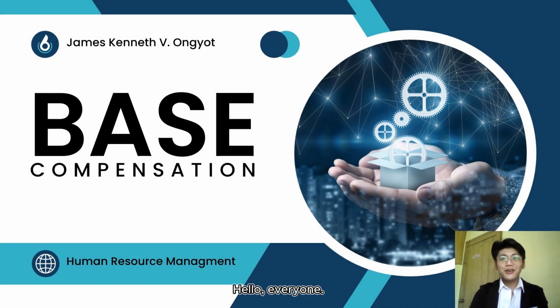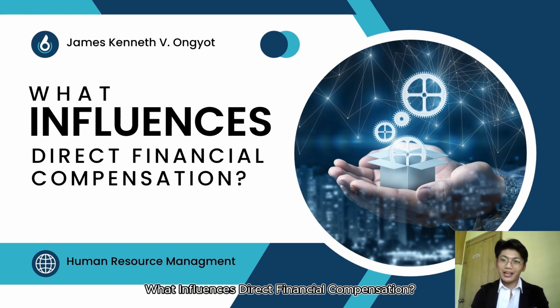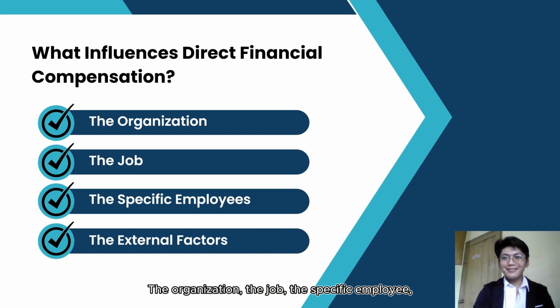Hello everyone. Well, on this part of the report, we will be talking about what influences direct financial compensation. We can say that direct financial compensation is influenced by many factors. The organization, the job, the specific employee, and external factors can all influence how much pay an individual receives.